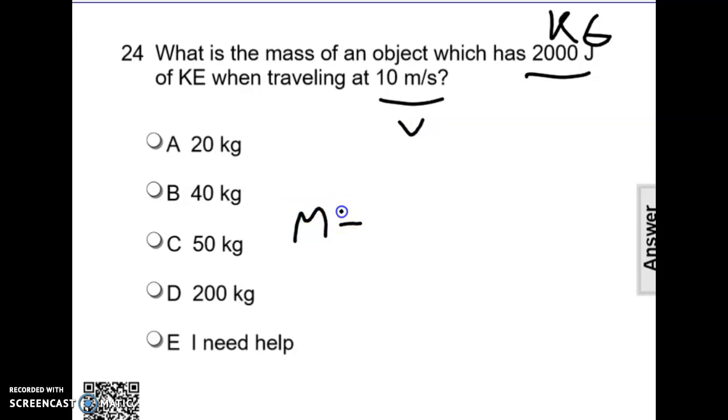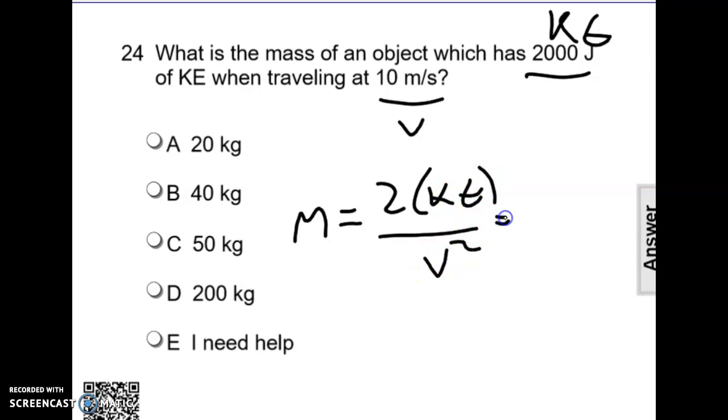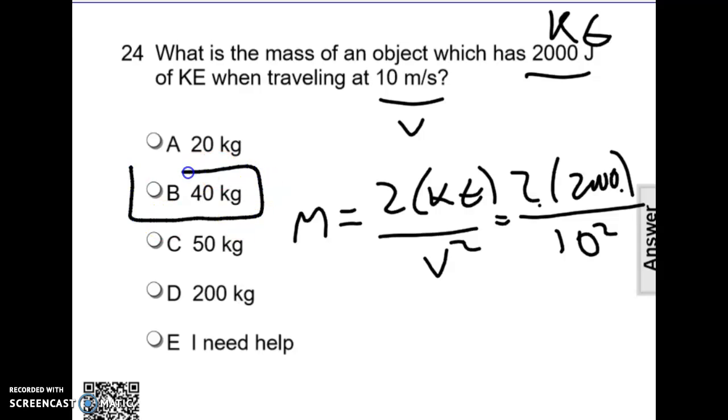We said that the mass is equal to 2 times the kinetic energy divided by the velocity squared, which is going to be 2 times 2,000, which is 4,000. 4,000 divided by 100 is going to be 40, and that's going to be kilograms.